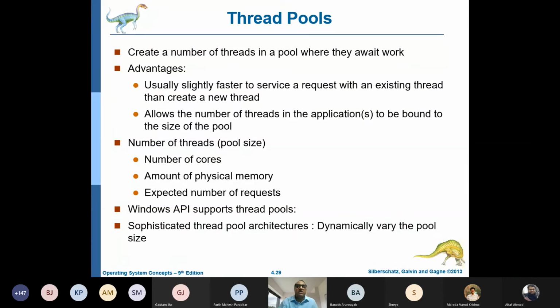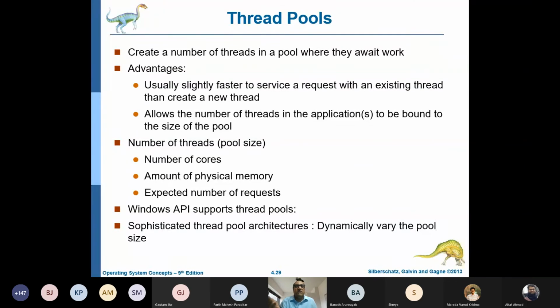It sends a response back, and upon completion of the task the thread comes back and joins the pool. That way, the thread creation time is reduced, and it is faster compared to creating a thread each time a request arrives. Another thing is that by using thread pools, you can restrict the number of threads.